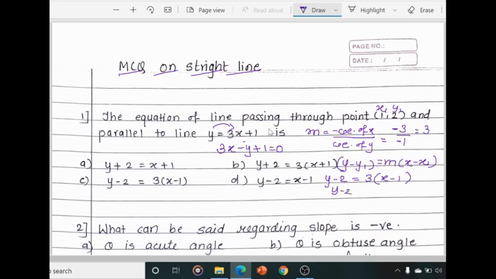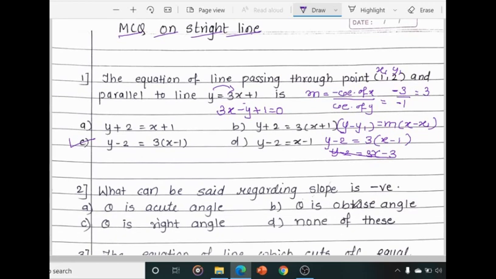Solve this: y minus 2 equals 3x minus 3. Or no need to solve, the equation is given in this format only. So this is the answer. If the equation is given in fully solved form, then we need to solve it further. Otherwise, leave it.